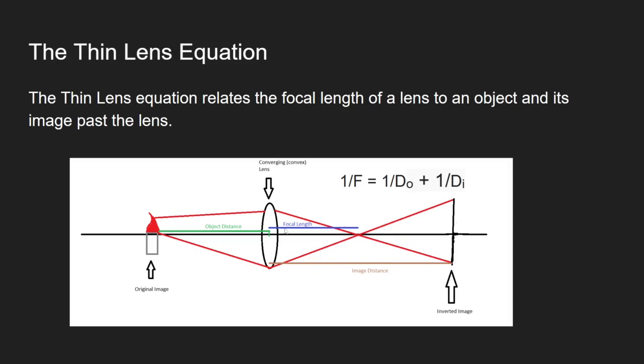So let's say you were given the object distance and you have measured the focal length yourself, you'd be able to use some algebra to solve for how far away the image would be clearly seen. That would be 1 over f minus 1 over the distance of the object is equal to 1 over the distance of the image.